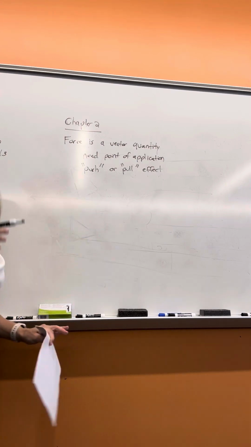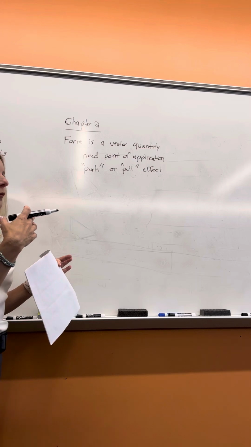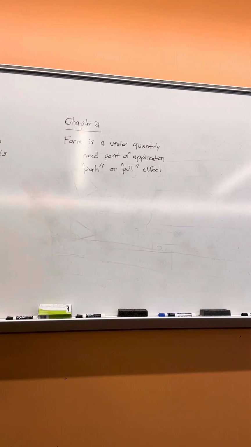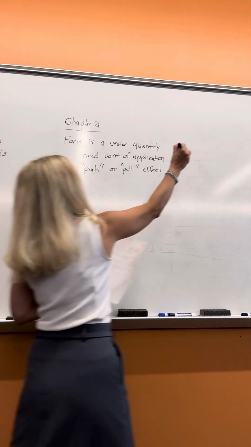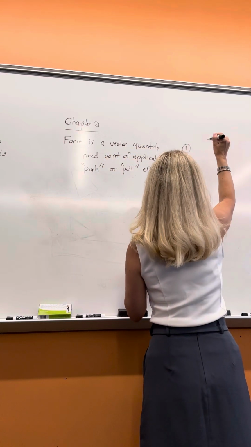The external force is exerting a force onto an object, and it's doing something to that object, right? And again, we're just looking at rigid bodies. So we're looking at something that is not going to deform when that external force is placed on it. So we need to know the magnitude, the direction, and the point of application.